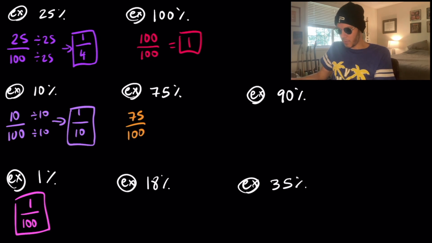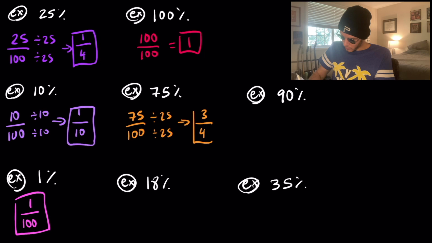I can divide both of those numbers, 75 and 100, by 25. 75 divided by 25 is going to be 3, and then 100 divided by 25 is 4, so 3/4. Again, if you think about it, we're 75% of the way through a football game. We've gone through 3 quarters, 3/4.